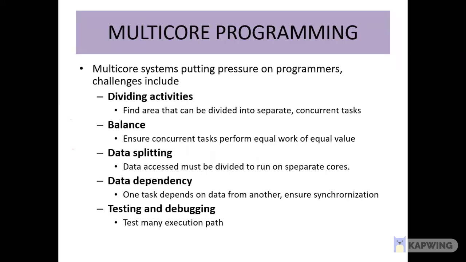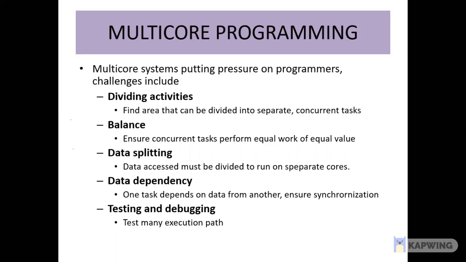The second task should be executed first, and then its output given to the first task. So there must be proper communication and synchronization between the tasks that execute on multiple processors.